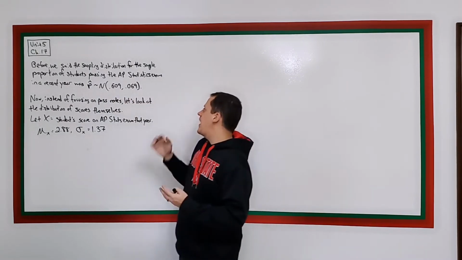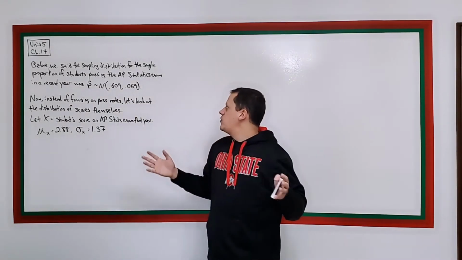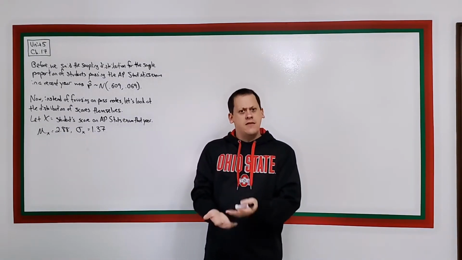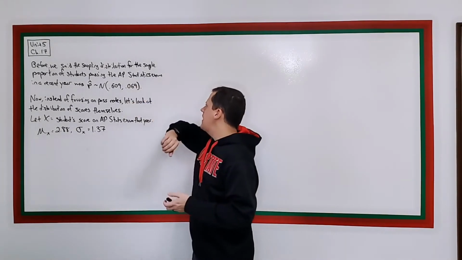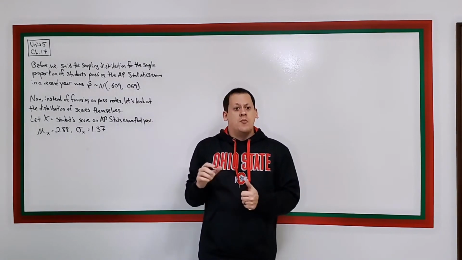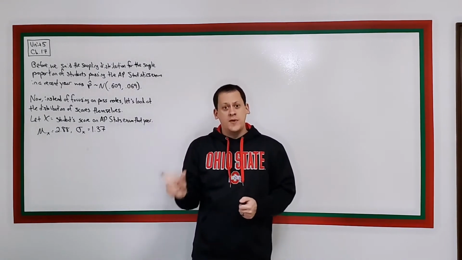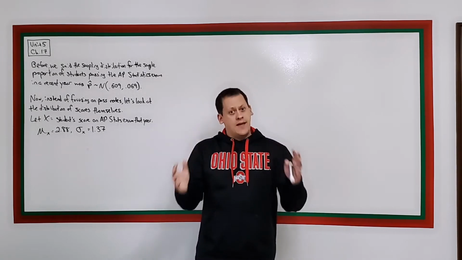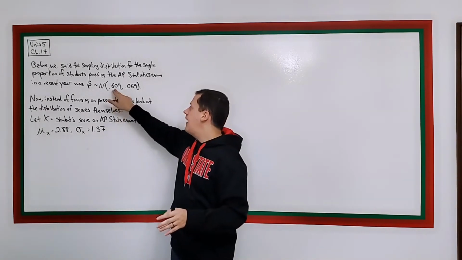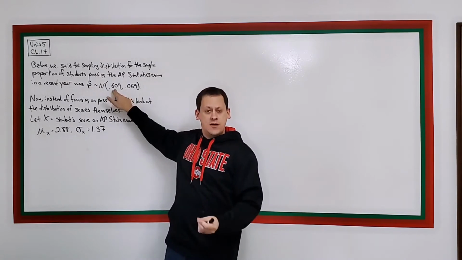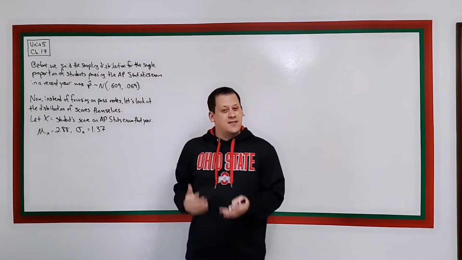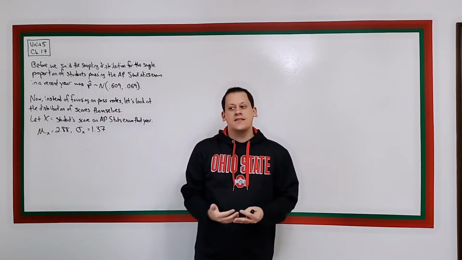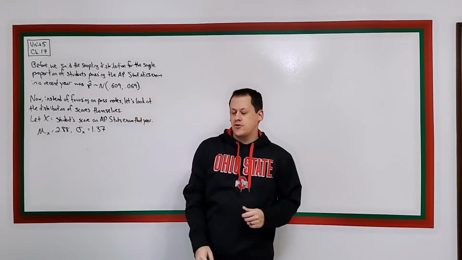So we could interpret that as, if we took all samples of, I think it was size 50 students who took the AP Stats exam that year, and we took the sample proportion from each of those samples of size 50 and looked at that distribution, it had an approximately normal shape, and the mean value for those sample proportions was about 60.9% of students passed that exam with that standard deviation.